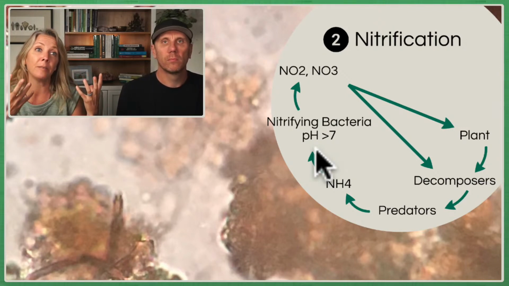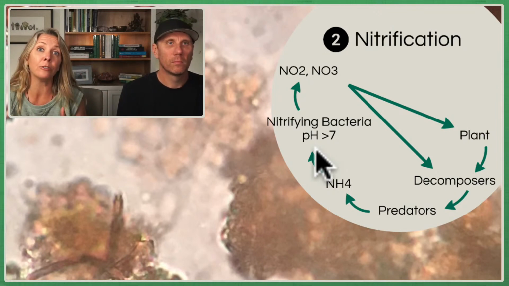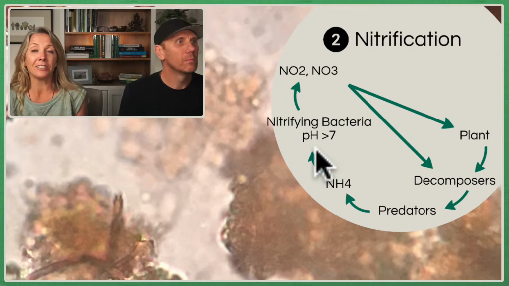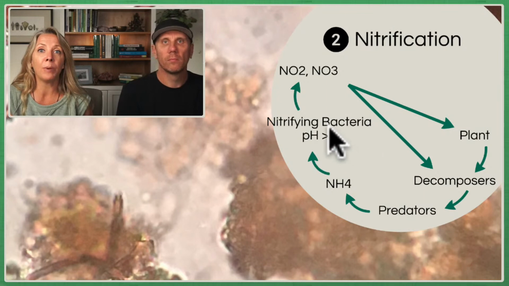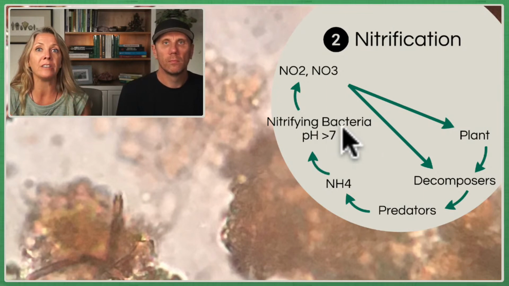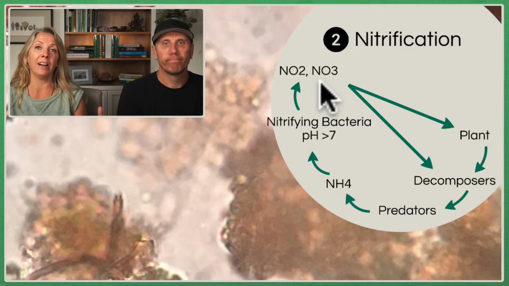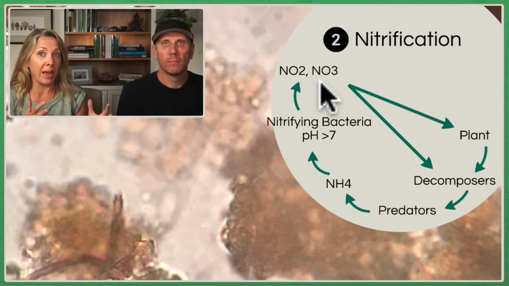So if they're in mass numbers out of balance and producing more alkaline glues than the fungi are producing organic acids, then these bacteria will start producing the enzymes to convert ammonium to nitrite first and then to nitrate. So eventually you end up with a whole bunch of nitrate in the system. Whether you want that or not, that's what will happen if that balance is not paid attention to.